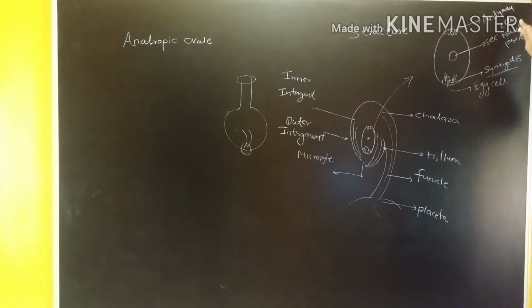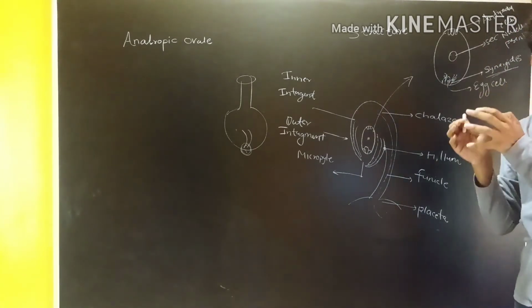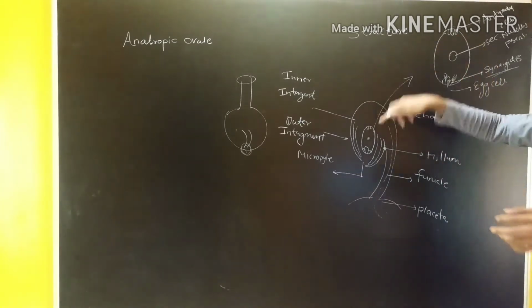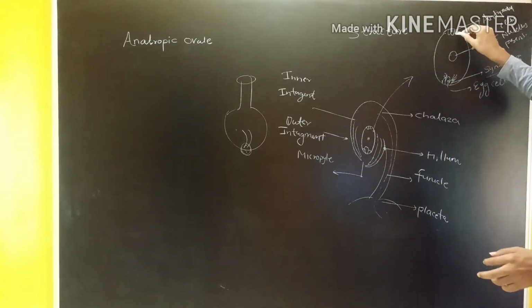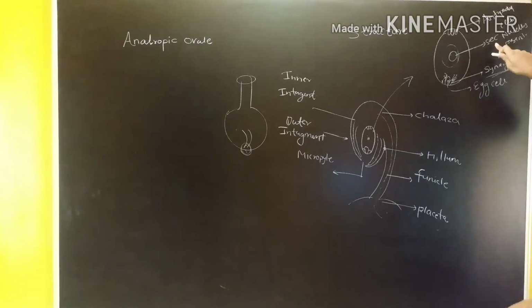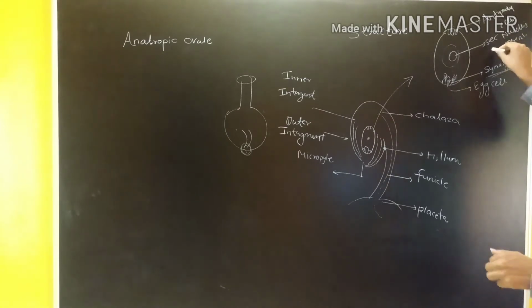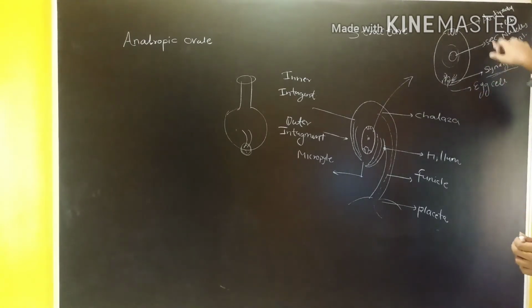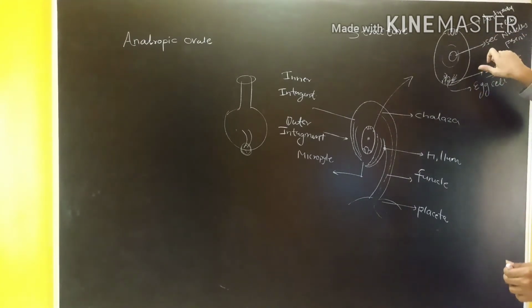Now, what is the function of the antipodal cells? Whenever the pollen grains are transferred, they fuse with the secondary nucleus. We are going to study the function in a detailed manner.